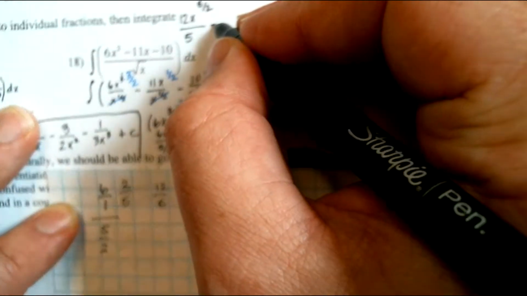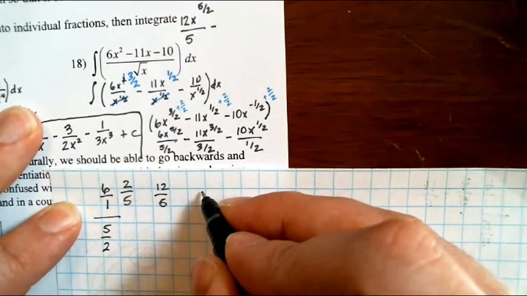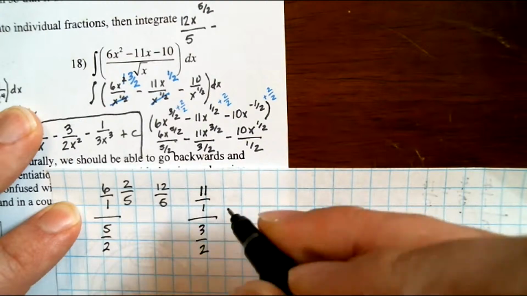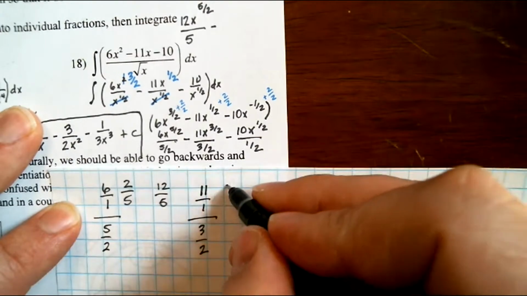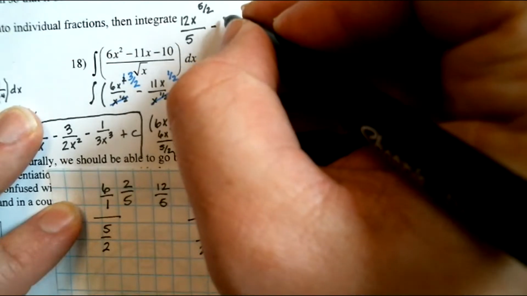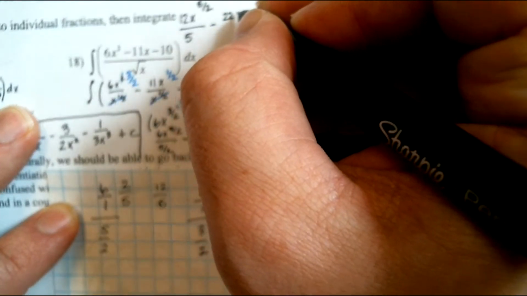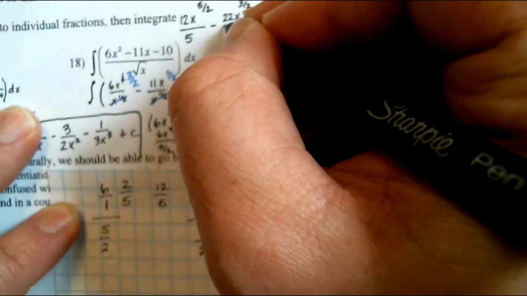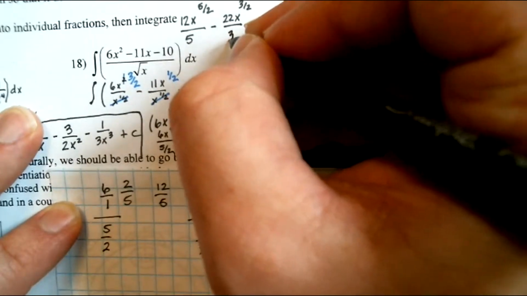And then minus 11 over 1 over 3 over 2. Just flip that up: 11 times 2 over 3, that's 22 over 3. So 22x to the 3/2 over 3.